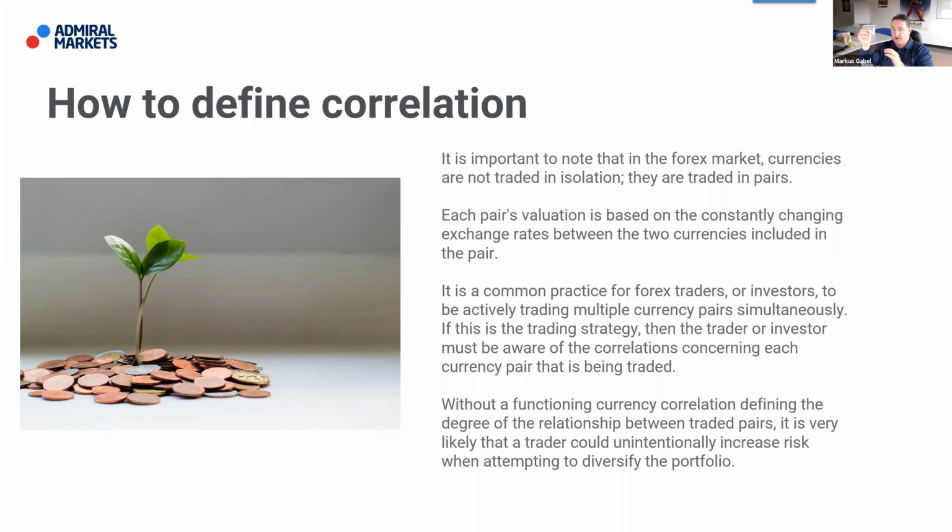But there's a difference if you trade futures, DAX, S&P 500, Dow Jones, or something else. There's one thing: you can sell or buy one contract of Dow Jones. If you want to buy a contract of Dow Jones, you need someone who wants to sell. But in the forex market, that's different. If you want to go long in Euro, that means you want to buy Euros, but it's a pair, Euro USD.